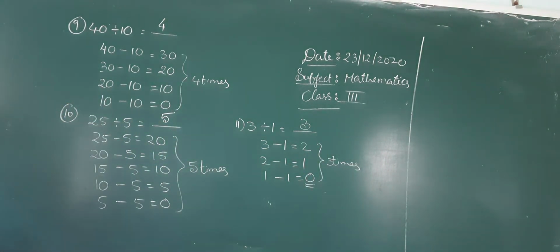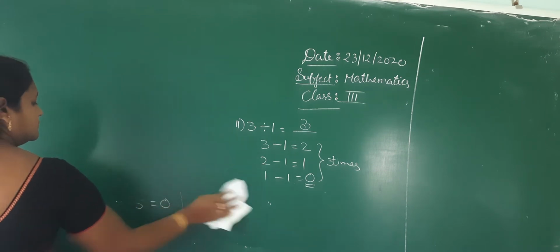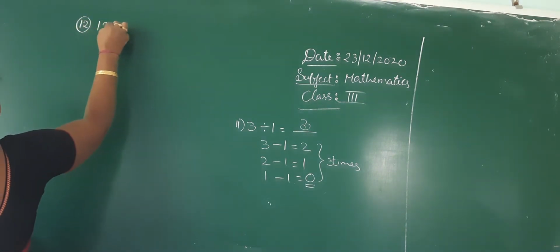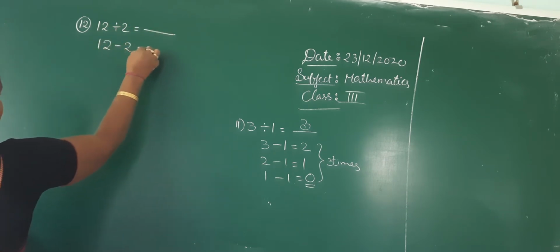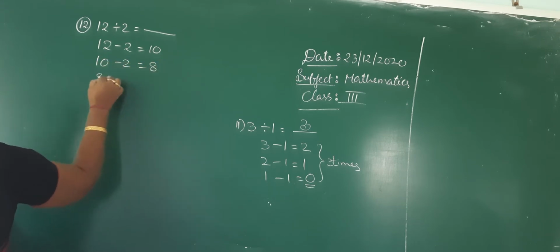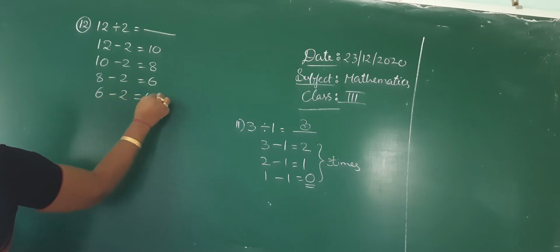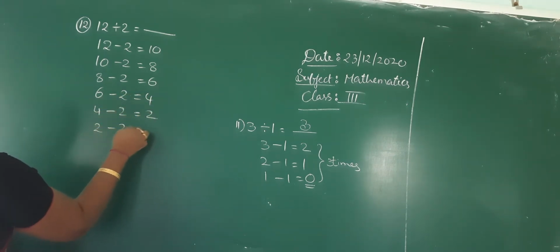See the last one, 12 divided by 2. So first 12 minus 2, 10. 10 minus 2, 8. 8 minus 2, 6. 6 minus 2, 4. 4 minus 2, 2. 2 minus 2, 0.